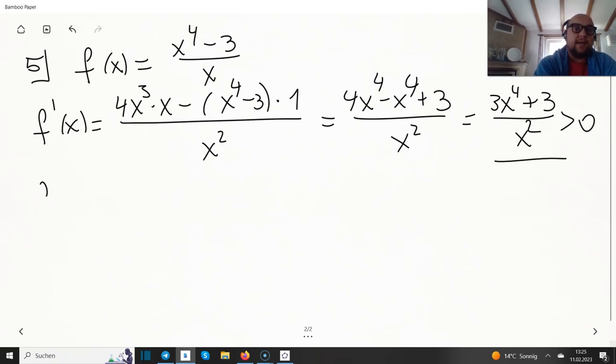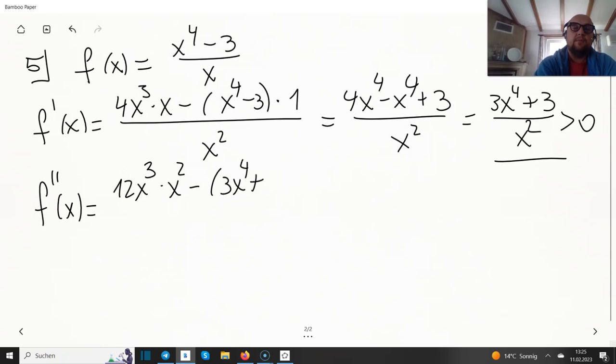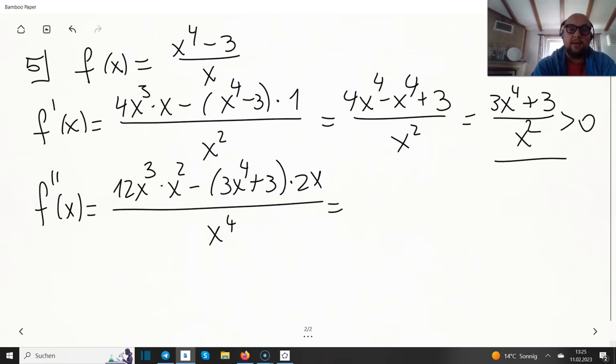All right, what about the second derivative? Let's do it again. So we are going to get 12x cubed times x squared minus 3x to the power of 4 plus 3 times 2x divided over x to the power of 4. Okay, what's happening?